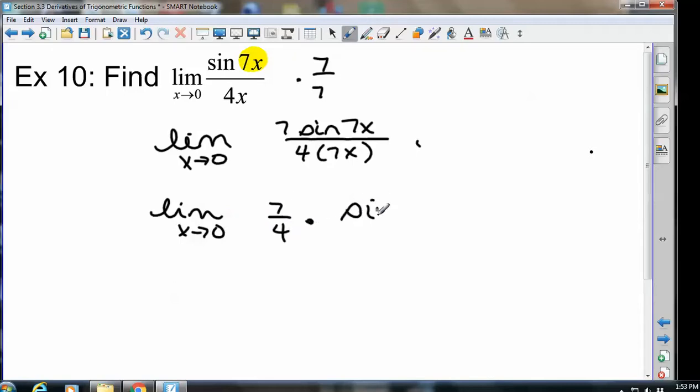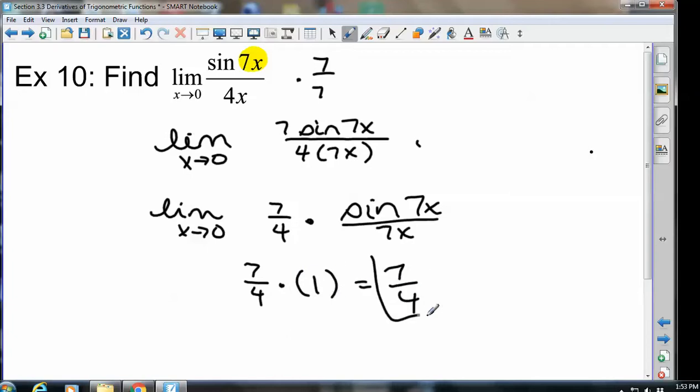Then that would leave me with sine of 7x over 7x. You guys see how I manipulated that? So now, as x goes to 0, 7/4 is just going to go to 7/4, it doesn't have an x in it. Sine 7x over 7x is going to go to 1. And I get 7/4 for my final answer.